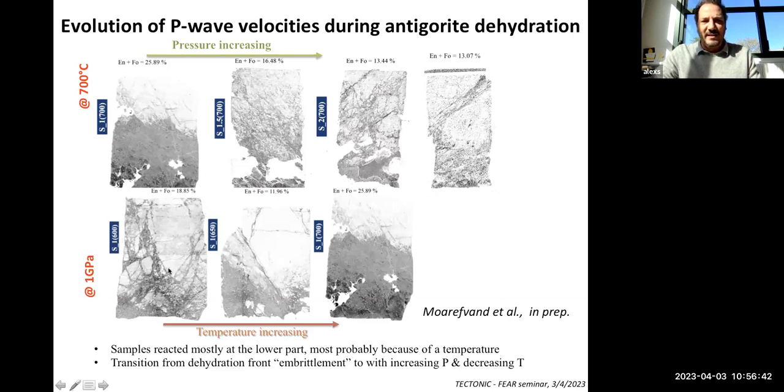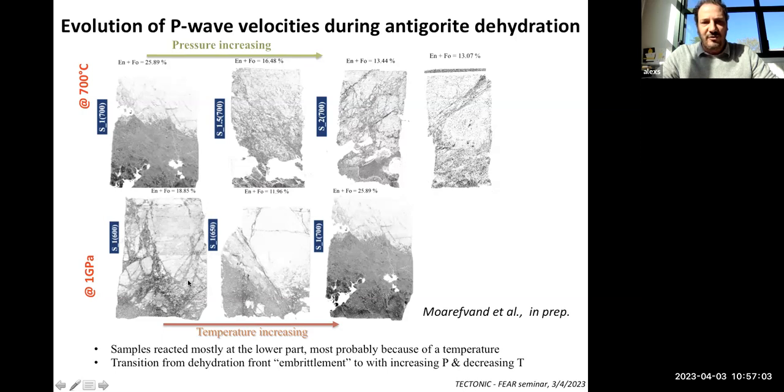So this is the sample as we increase the temperature at 1 GPa, where you see that the black material is the reacted material and the white material is the initial antigorite. You see that at the beginning, when you're close to the equilibrium, the reaction happens along fractures.